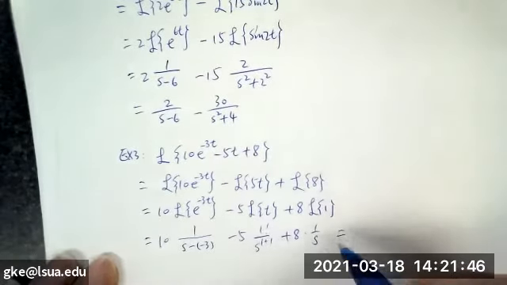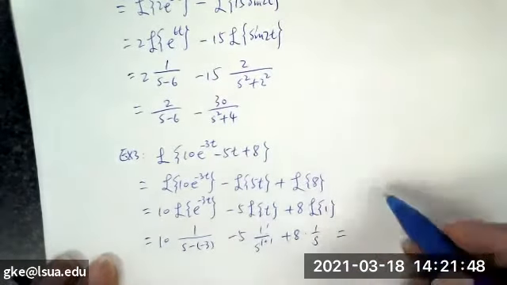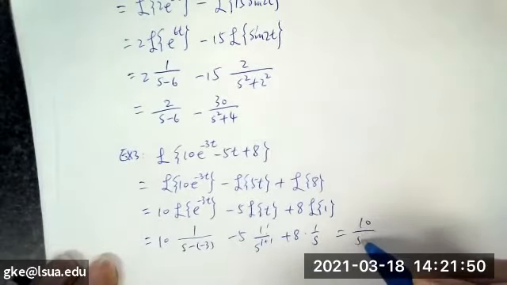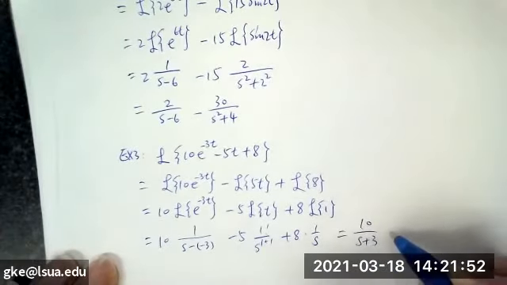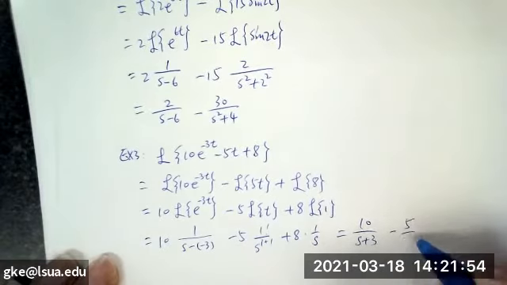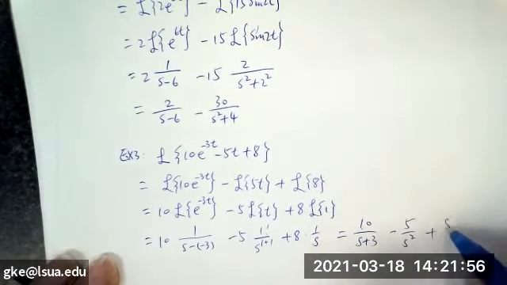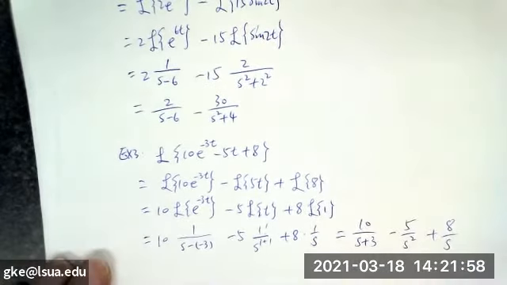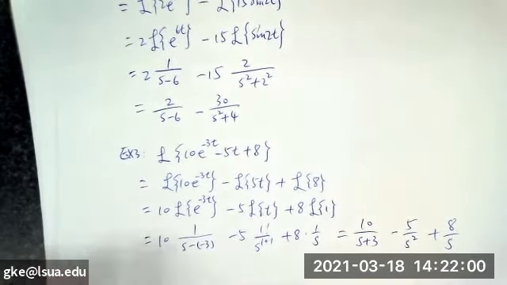And we can simplify. We're gonna get 10 over s to the power 3, minus 3 over s squared, plus 8 over s. So that's the Laplace transform.